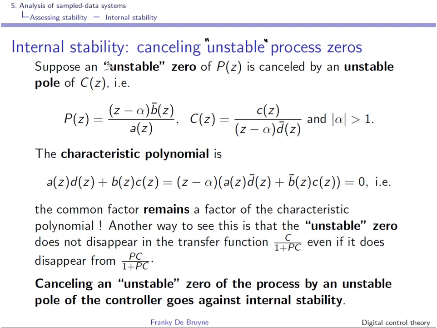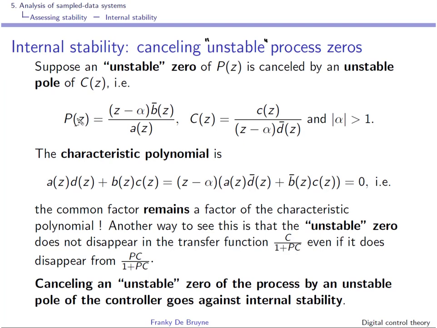We have to say between quotes because this is not going to make the process P of z unstable. What we mean is that the zero is simply outside the unit circle. So it is cancelled, this unstable between quotes zero, by an unstable pole in the controller.